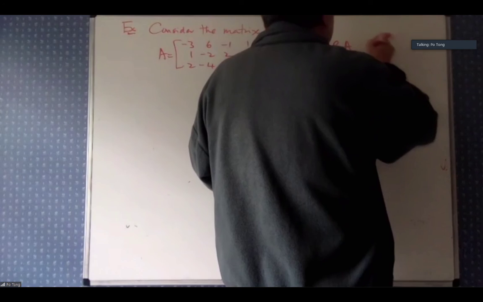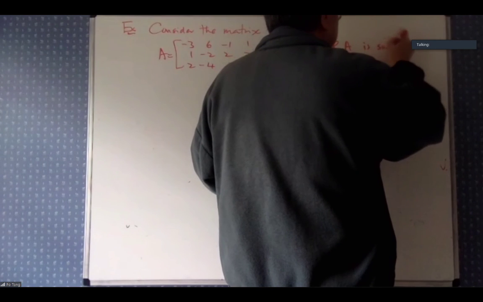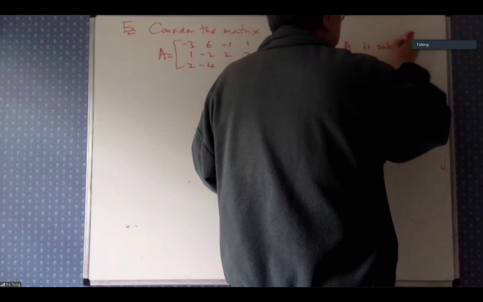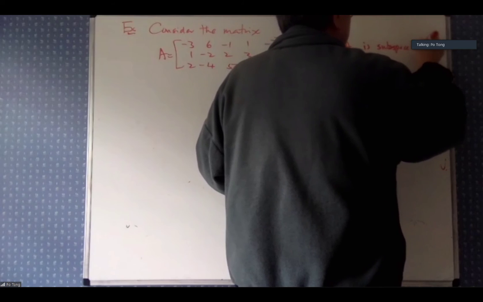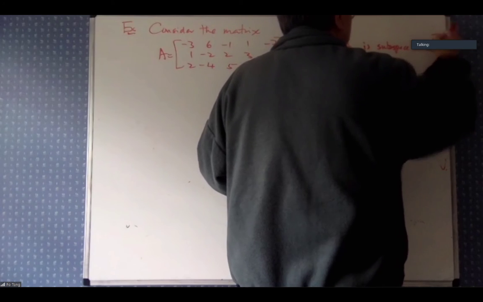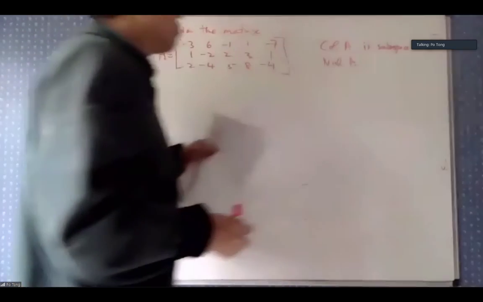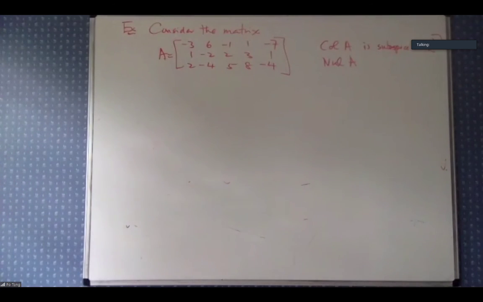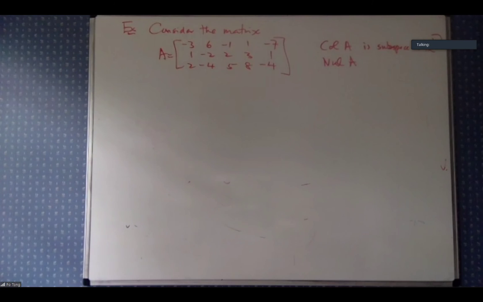So column space is a subspace in R what? What should I put in that box? R3 or R5?